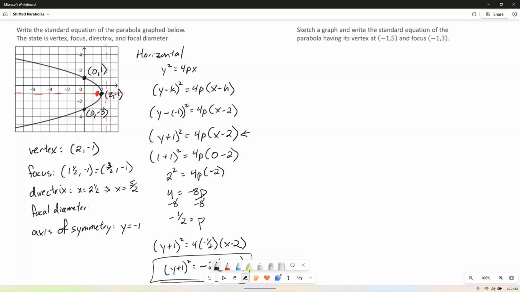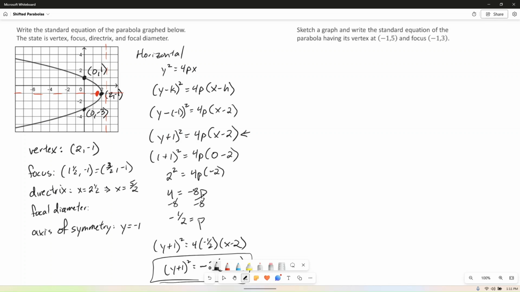So again, the distance from the vertex to the focus has to be a half, and the distance from the vertex to the directrix also has to be a half, because that's our p-value. The parabola curves away from the directrix around the focus. So since it's curving to the left, the directrix has to be to the right, and the focus has to be inside, to the left of the vertex.